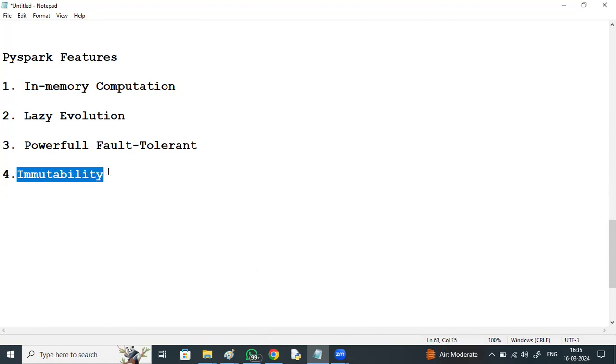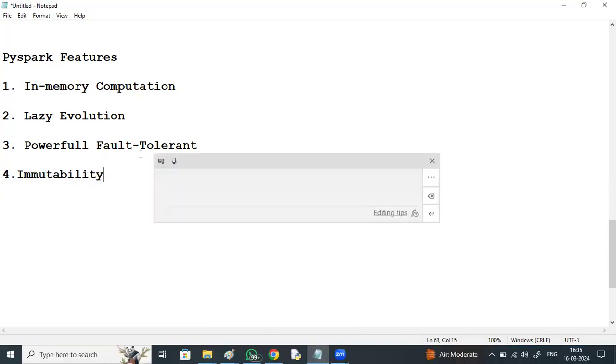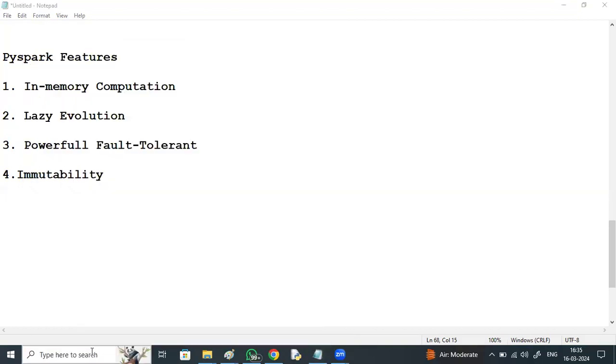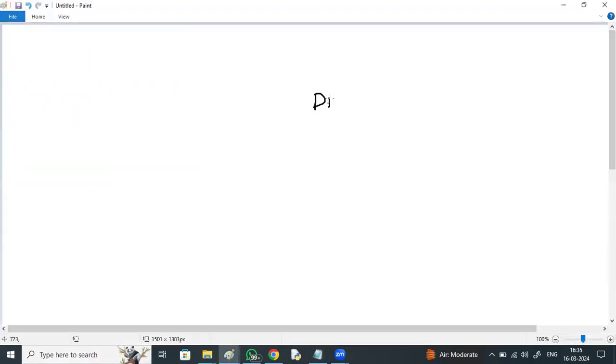The original RDD or original data frame is not going to get modified. You have a data frame, DF1. The original data frame remains the same. It won't be modified. Taking its output and performing some transformation, DF2 is created.